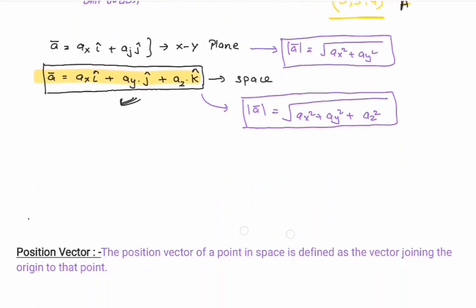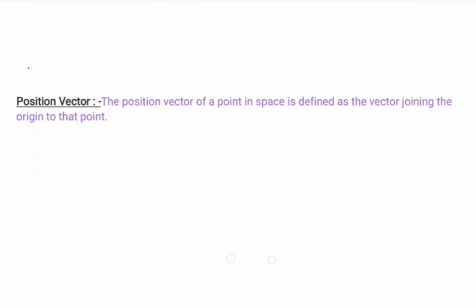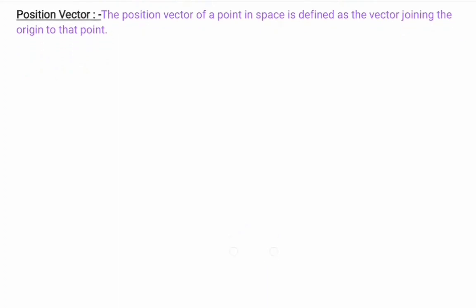Okay. Now we will discuss what we mean by position vector. Just read what is given. The position vector of a point in space is defined as a vector joining the origin to that point. Okay, let's see.